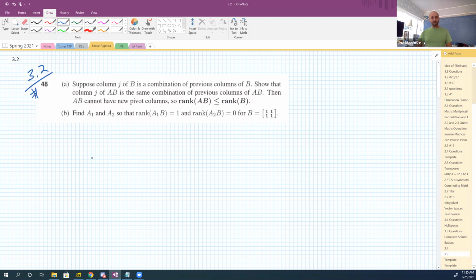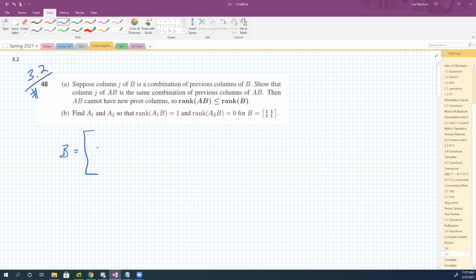Okay. So let's start with writing out a matrix B. And I'm considering which component of matrix B am I looking at, columns or rows here? Columns.